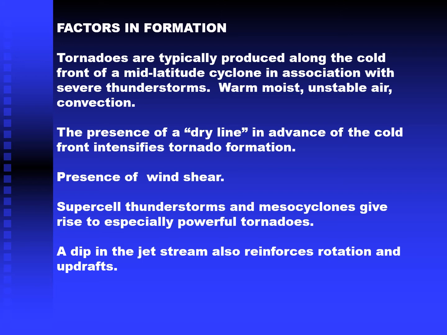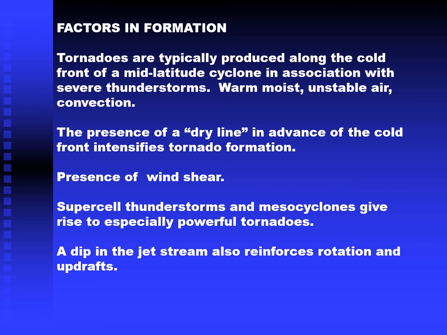So tornadoes are likely to form either in a supercell thunderstorm or along a dry line where you have that continental tropical air mass undercutting the maritime tropical air mass. And of course, squall lines involve the dry line, so you can get tornadoes along your squall lines as well.